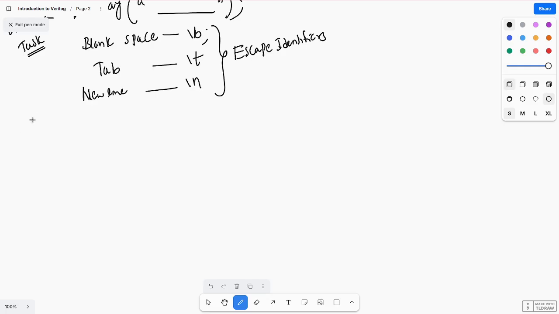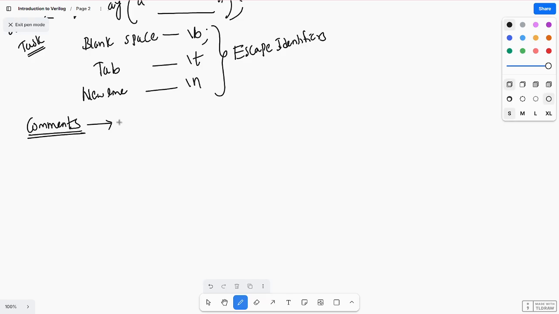Next is comments. Have you used any programming language previously? Python also has comments.